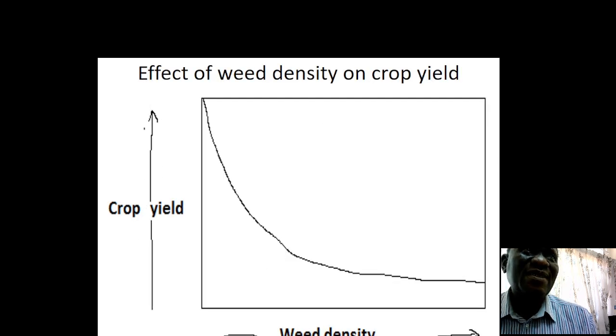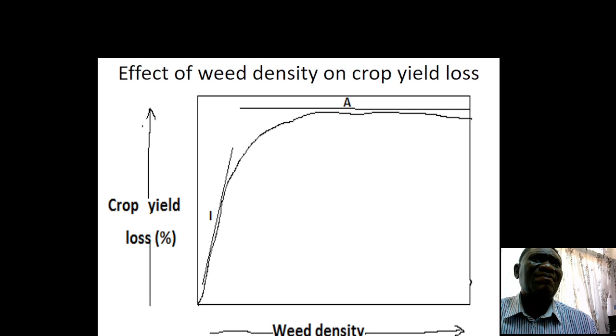But this one is showing us that there is a great loss with few weeds. Again, as long as you have weeds, you have serious crop yield loss.